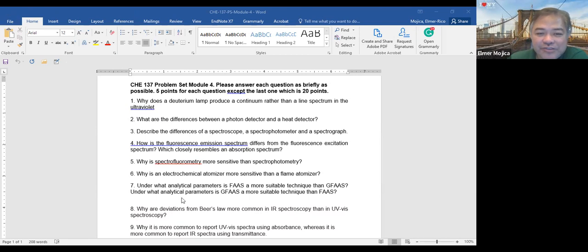So saan ginagamit yung deuterium lamp? Where do we use deuterium lamp? What instrument do we use deuterium lamp? So pag nagtanong ako, deuterium lamp is used in IR, true or false? Deuterium lamp is used in IR instrument, true or false?